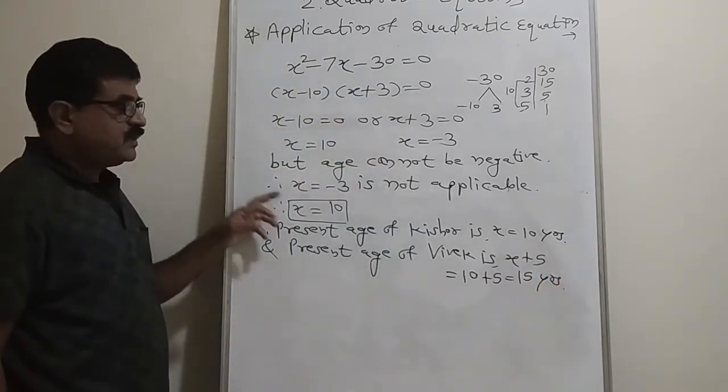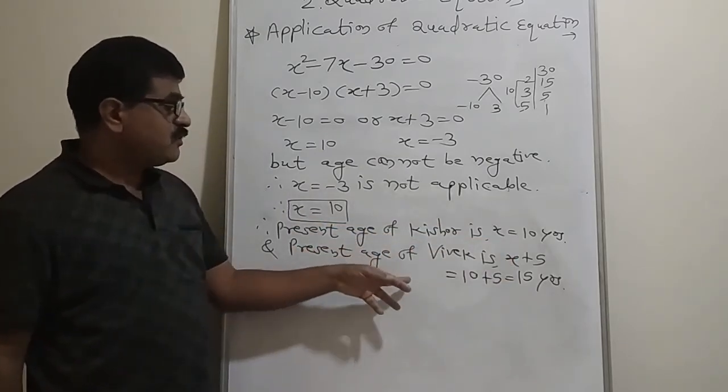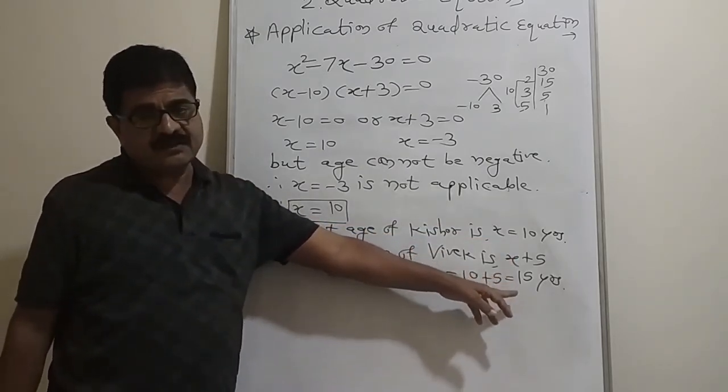That is, the present age of Kishore is 10 years and the present age of Vivek is 15 years.